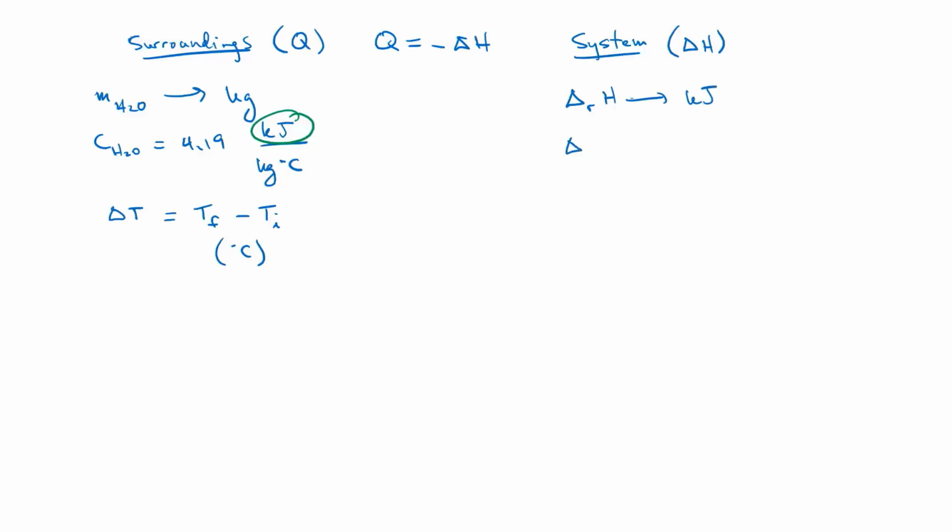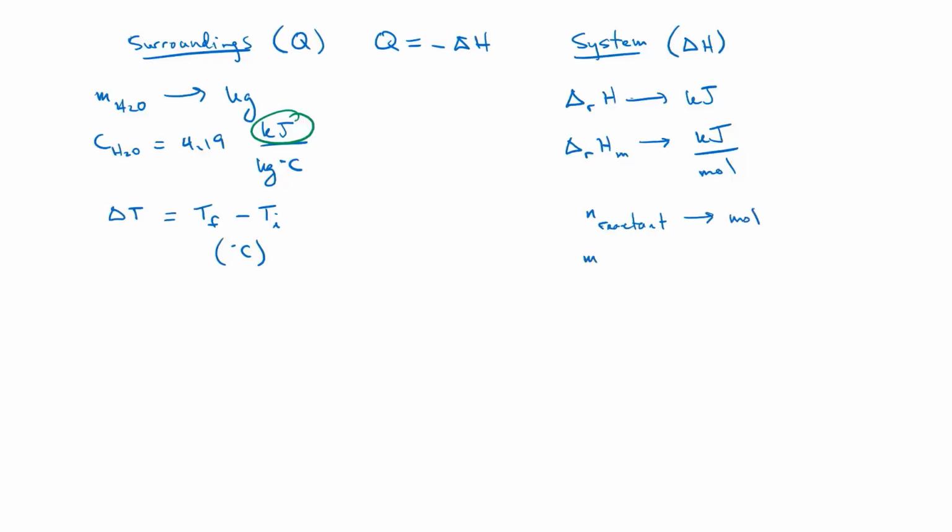We also have a molar delta H, whose standard units are kilojoules per mole, because the chemical system is dealing with the stuff that's actually reacting. What links the delta H and the molar enthalpy change is the number of moles of our reactant, which of course is measured in moles.